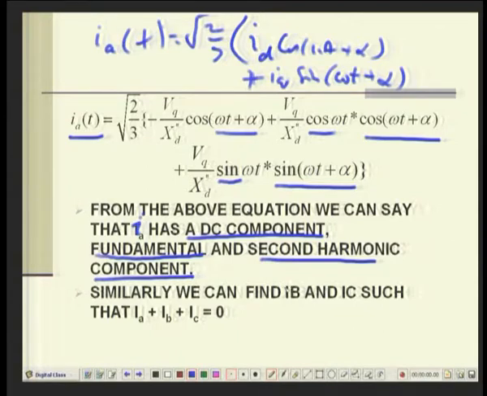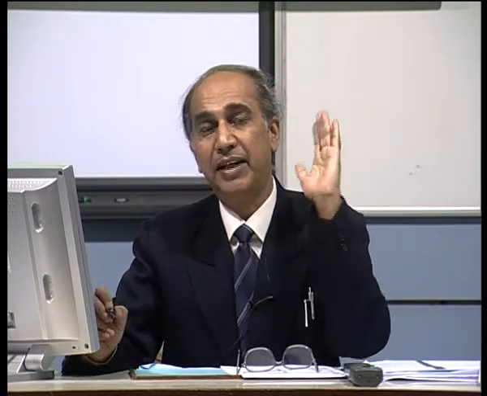Now, if you write IB, IC, the total of IA, IB, IC will be 0. Similarly, even after short circuit the sum of the 3 currents will always be 0 instantaneously, but each of the components will have, immediately after short circuit, a DC component, a fundamental, and a double frequency.